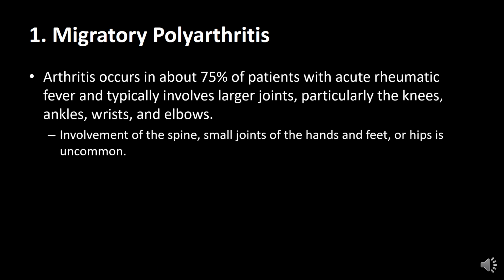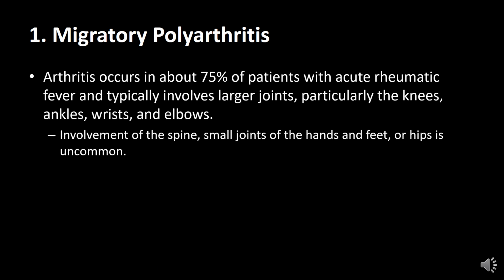It will be moving from one joint to another, or from two joints to another joint, or from one joint to another two joints, like that. And then it is poly. So the fact that it affects more than one joint is the reason we call it polyarthritis. The fact that it keeps jumping from one joint to another gives it the name migratory. So it is migratory polyarthritis.